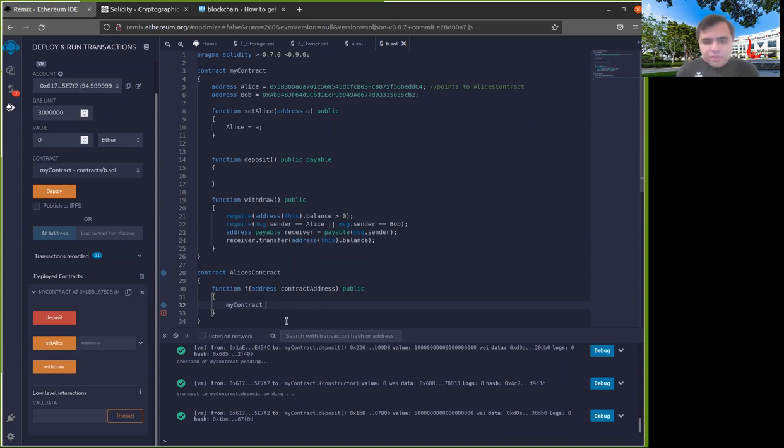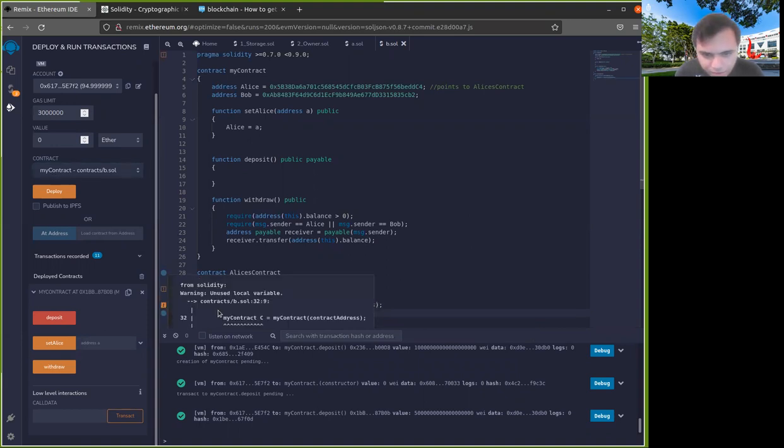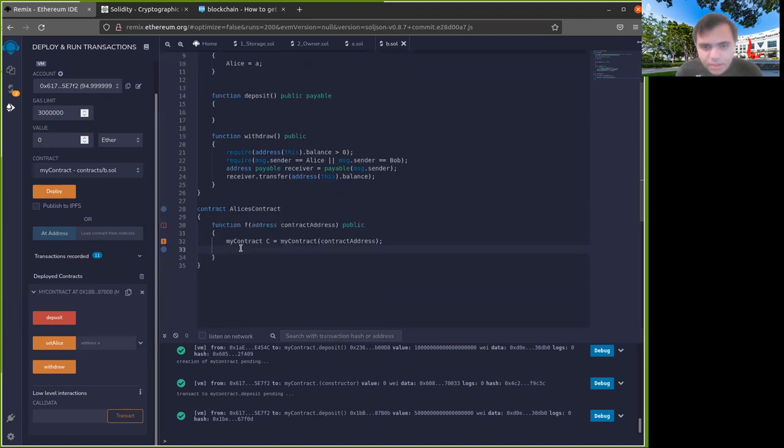So I can have some instance of my contract, which I call C. And this can basically be the instance that is at that particular address. Okay. And then I can say I want to call C.withdraw.